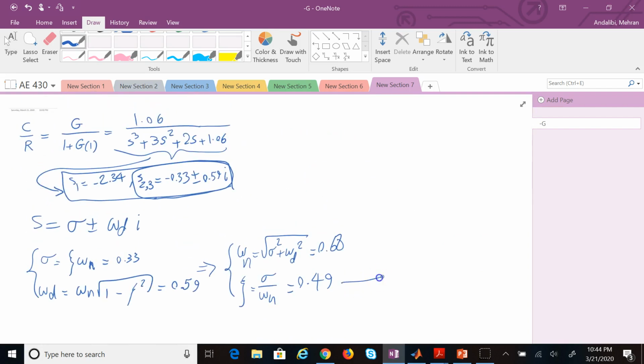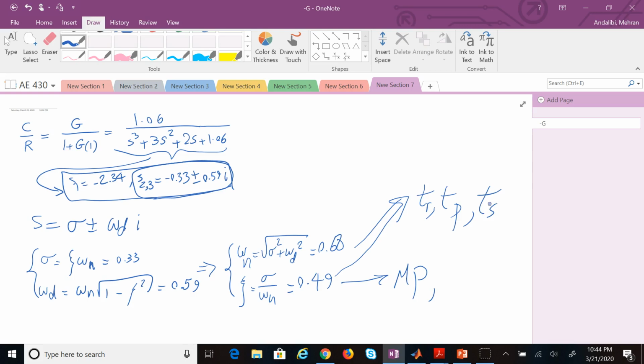Okay. So again, from here you can find maximum overshoot. And then you can also find from here and here, you can find rise time, settling time, and so on and so forth, right? So you can find all other things, T rise, T peak, settling time, and so on and so forth.